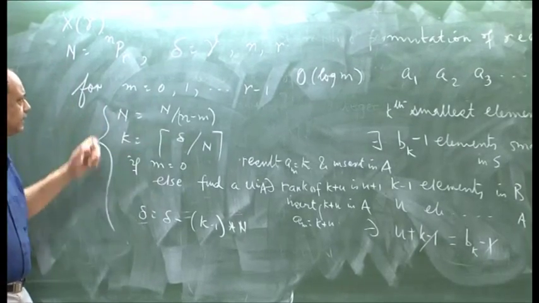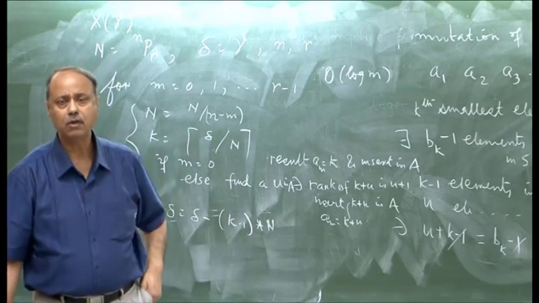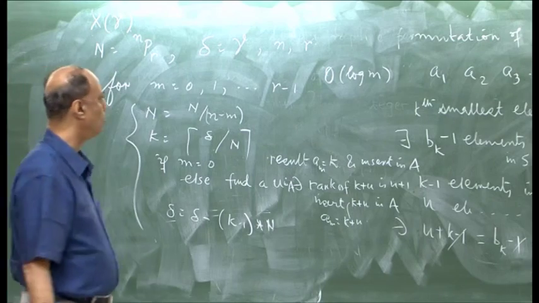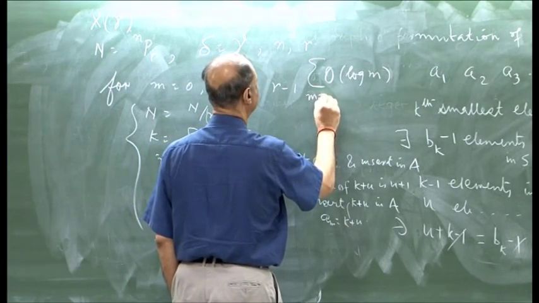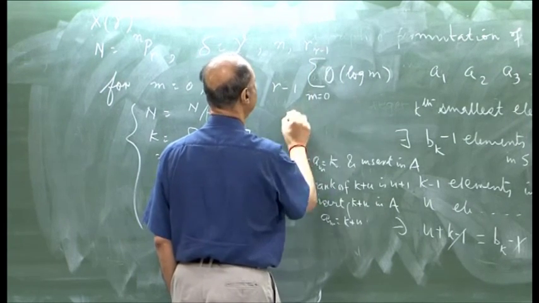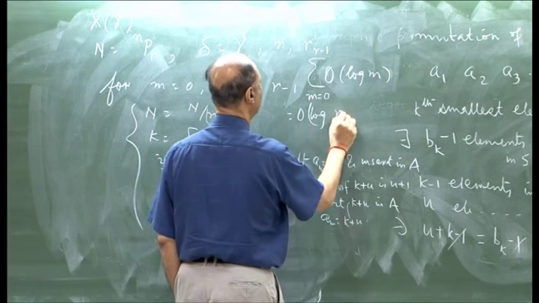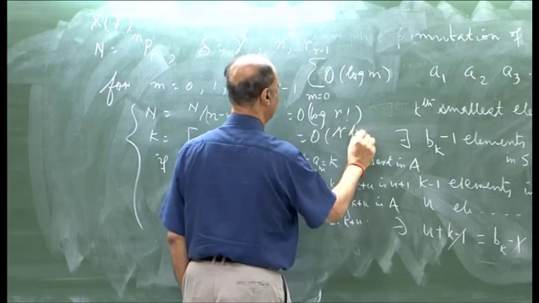And it will be iterated r times. So summation over order log m, which is nothing but log r factorial, because m goes from 0 to r minus 1, and this is nothing but order log r factorial, which is nothing but order r log r.